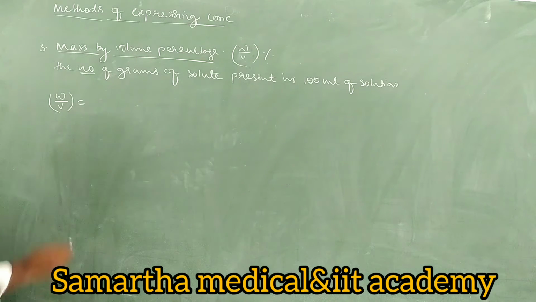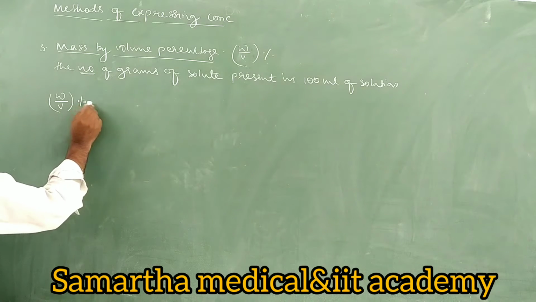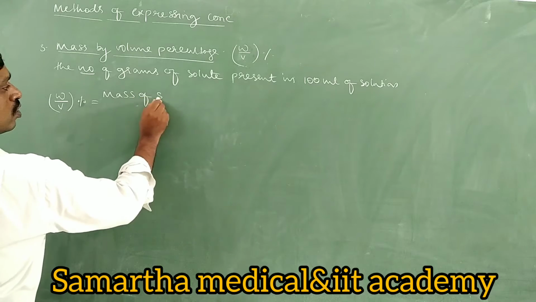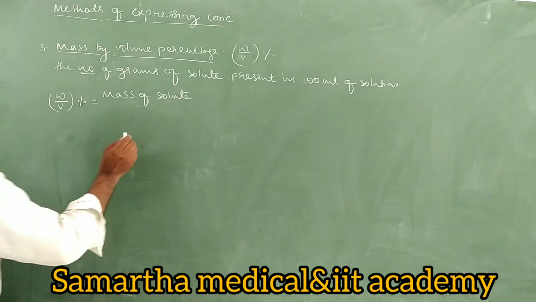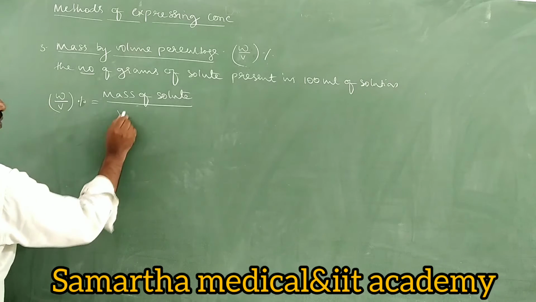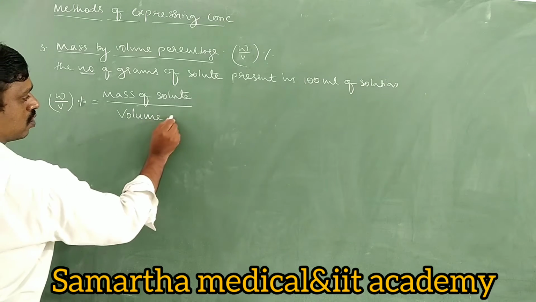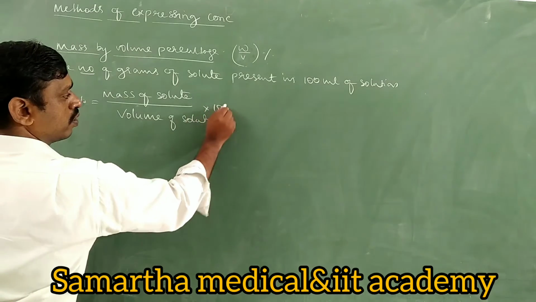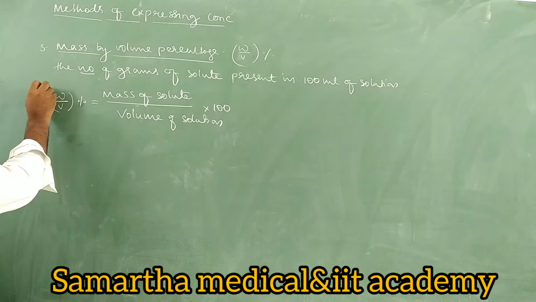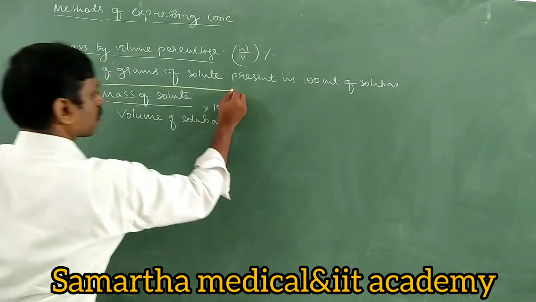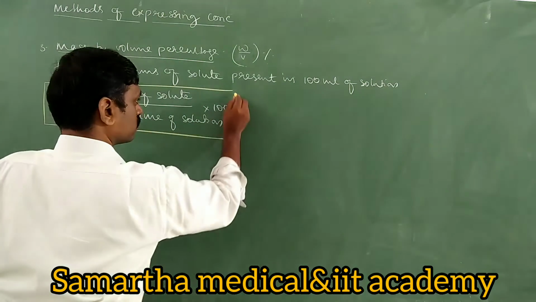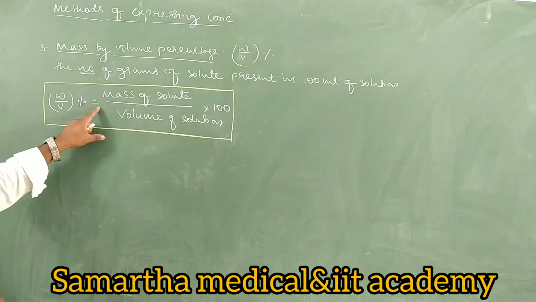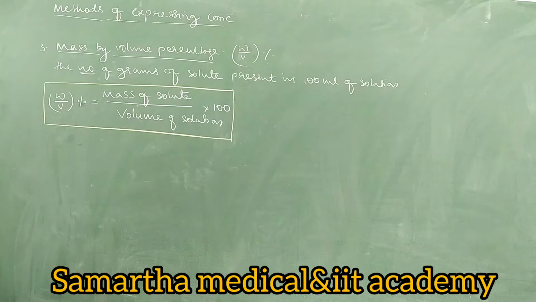W by V percentage equals mass of the solute divided by volume of solution into 100.